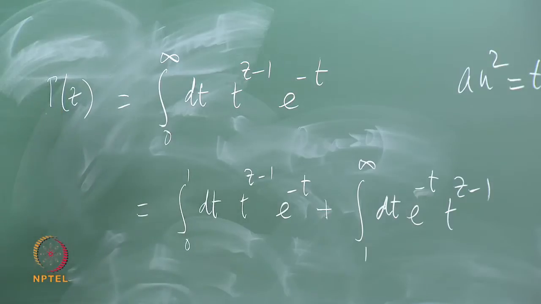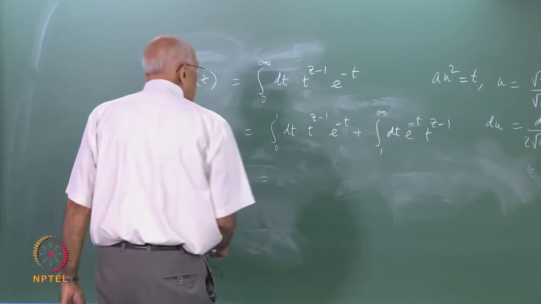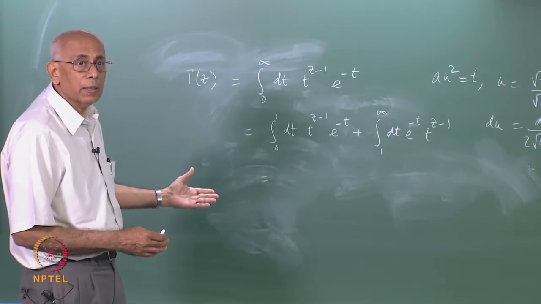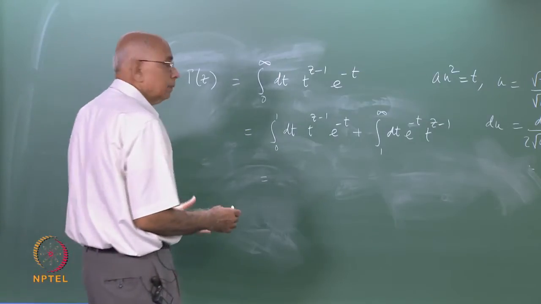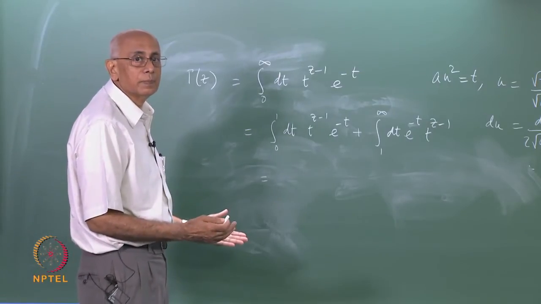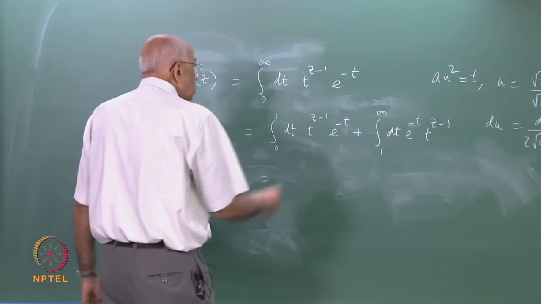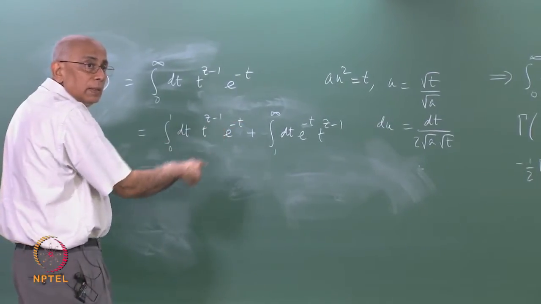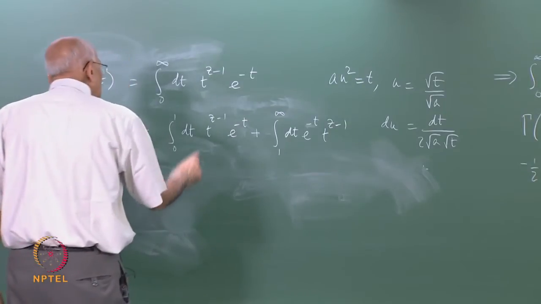We do this by integrating by parts, for example, and then what do you get? The first term, what do you get here in this integral if you work this out? So integrate this and differentiate the other part, etc.